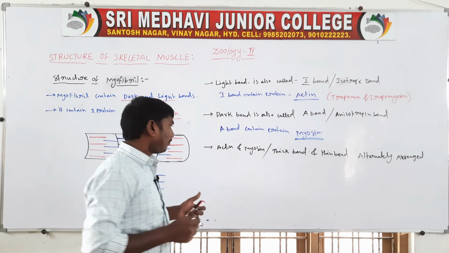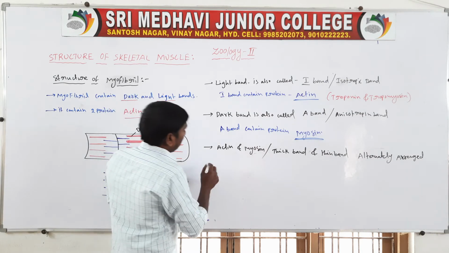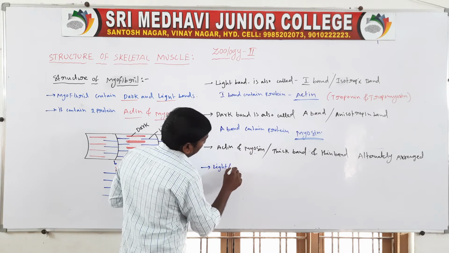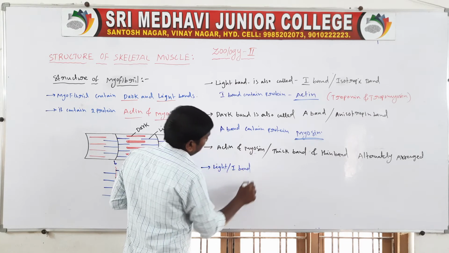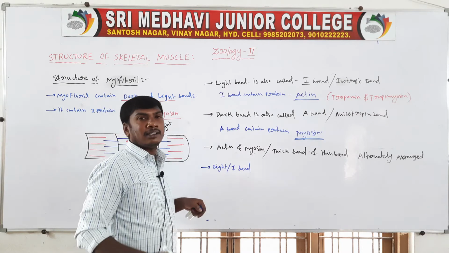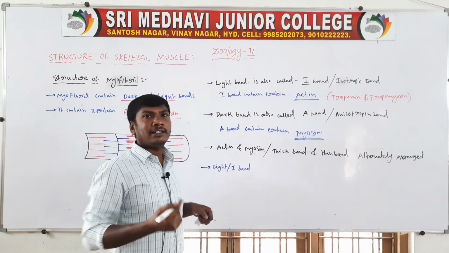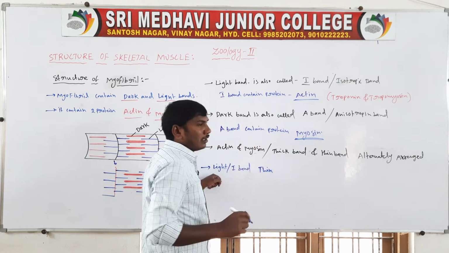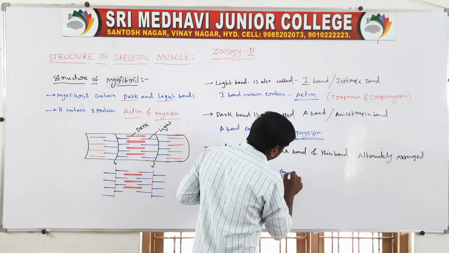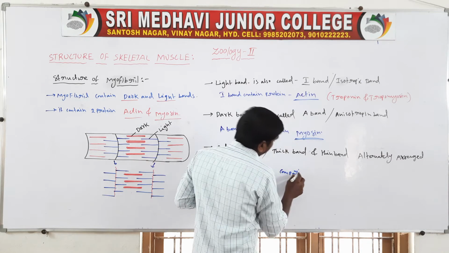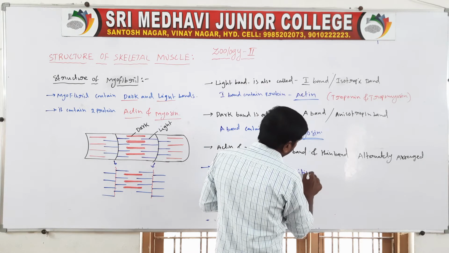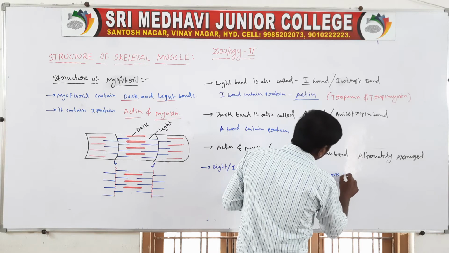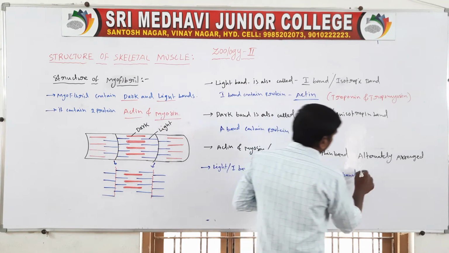Next, the light band or I band is thin, less thick compared to the dark band or A band.